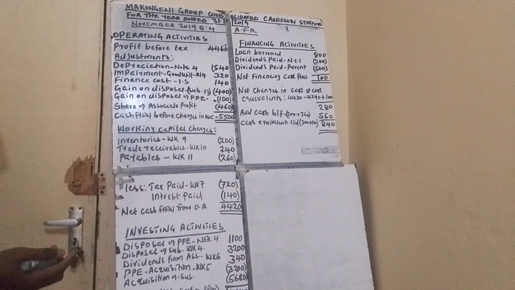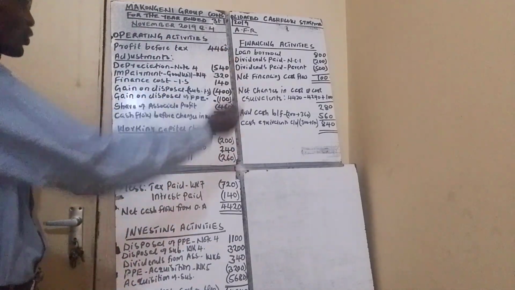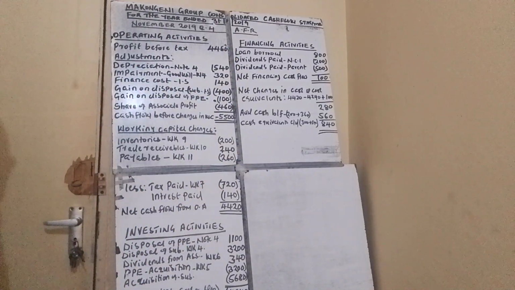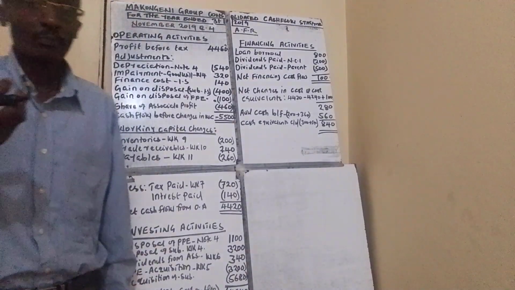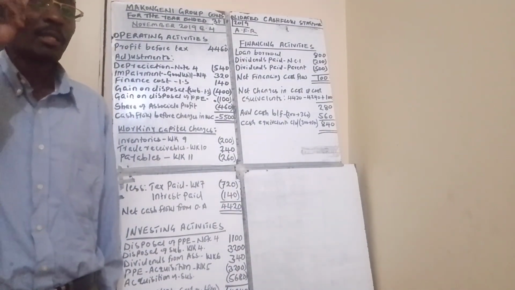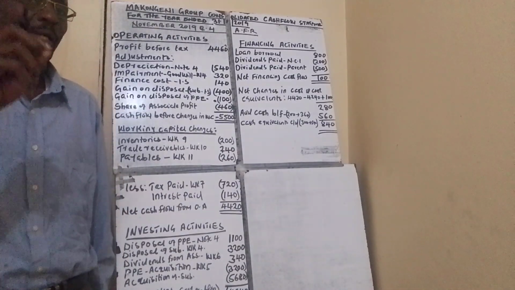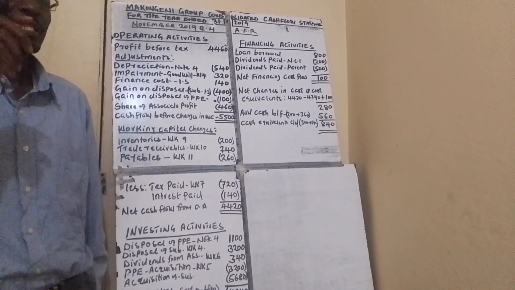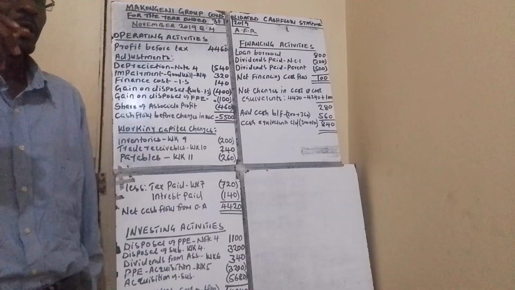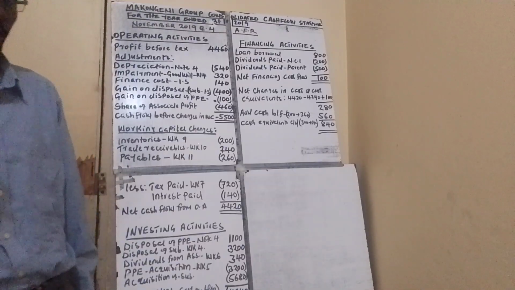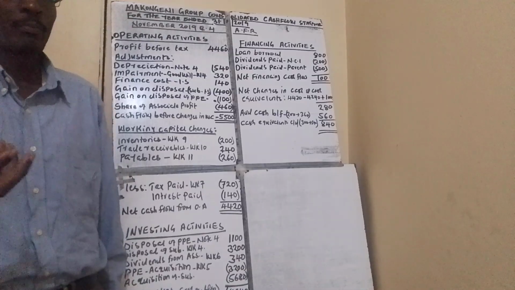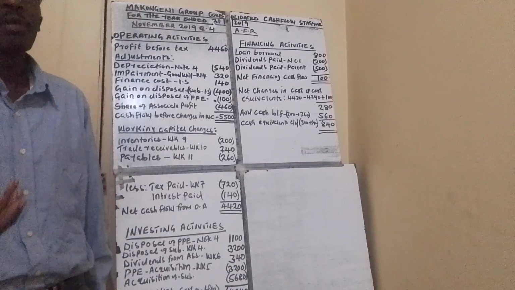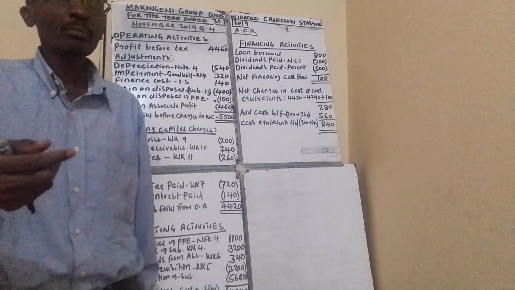Now, the other thing that you find is the gain on disposal. When you dispose an asset, we make a gain on disposal if the carrying amount is less than the cash proceeds. If the cash proceeds is more than the carrying amount or the net book value, then there is a gain.